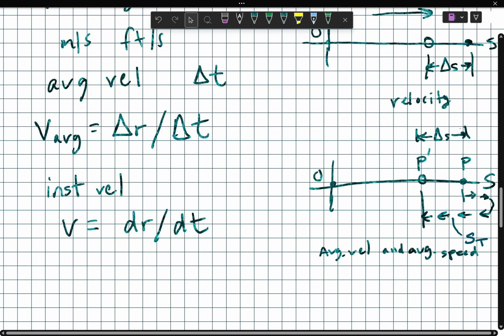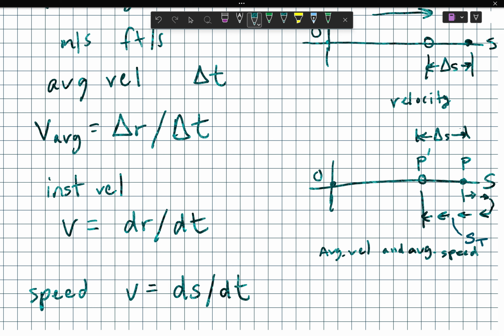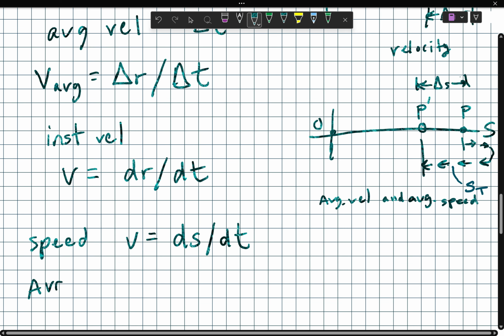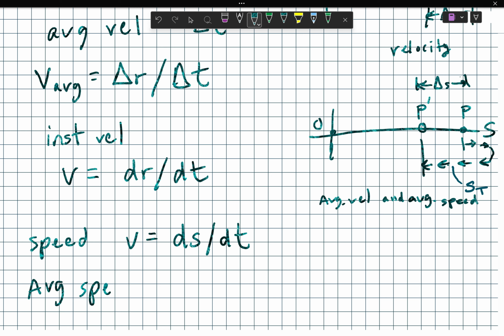The speed is the magnitude of velocity, so v is equal to ds/dt. And then the average speed is the total distance traveled divided by elapsed time.